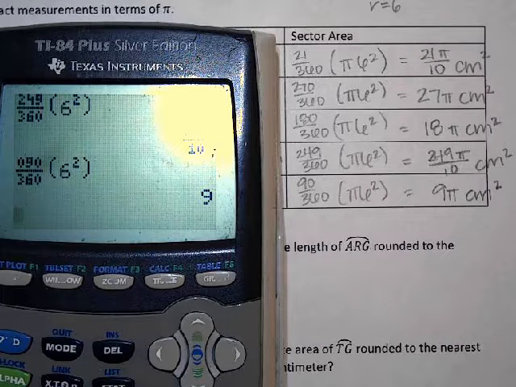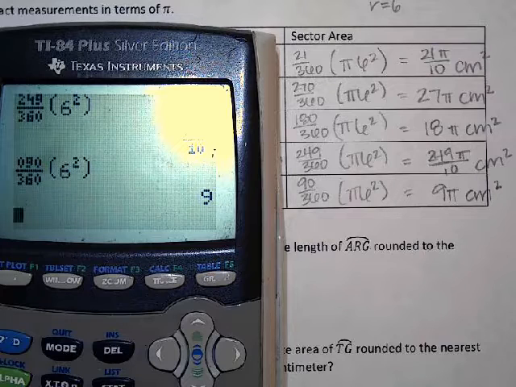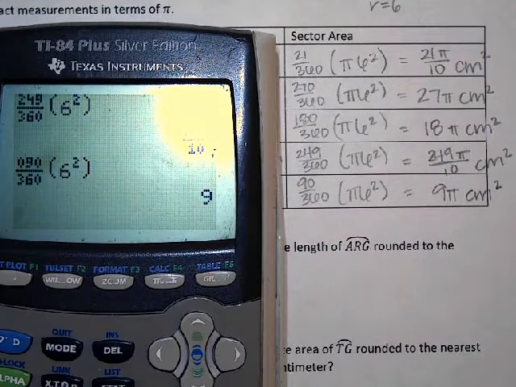Like if our radius was 8, then 2 times 8 is 16, and 8 squared is 64, so it'd be a fourth. So there'd always be a relationship, it just wouldn't be consistent.